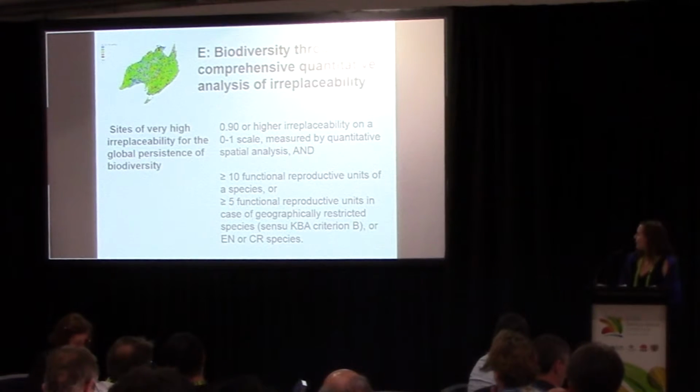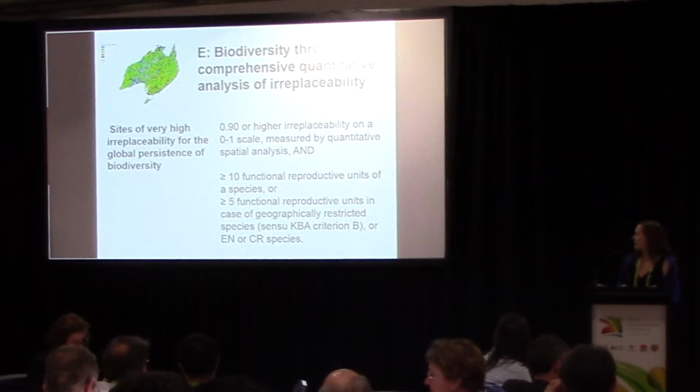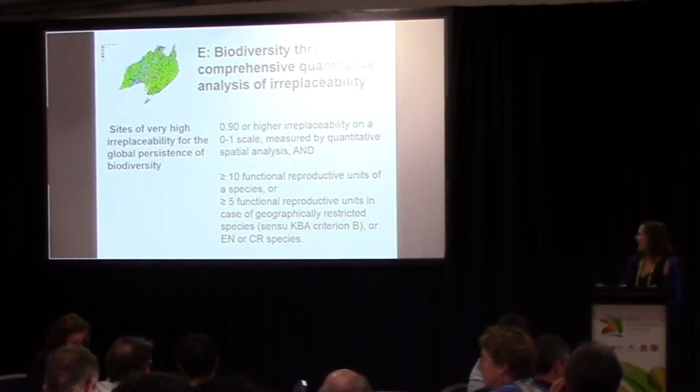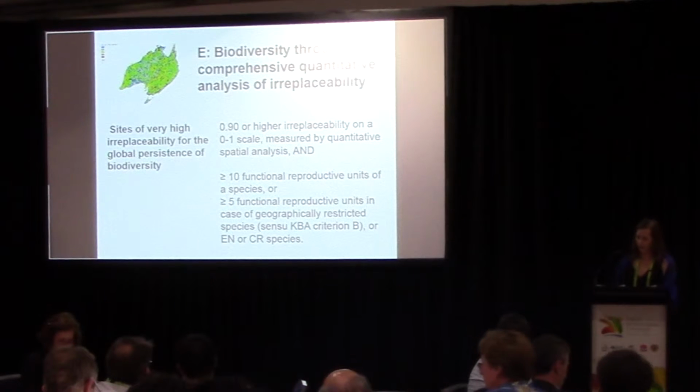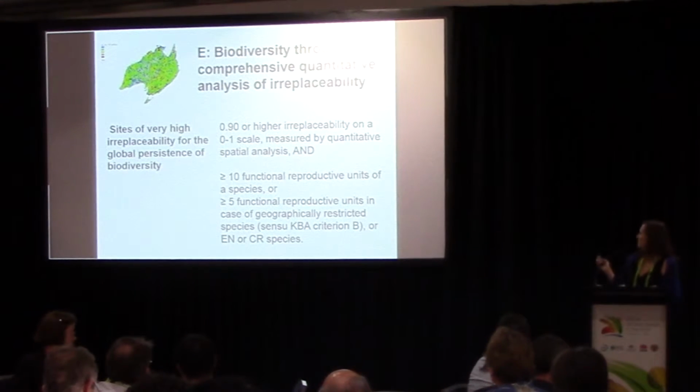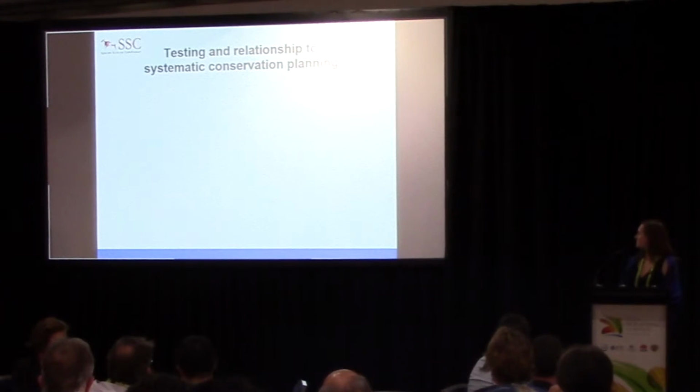So sites that score 0.9 or higher irreplaceability on a 0 to 1 scale, measured by a quantitative spatial analysis, and they have at least 10 functional reproductive units, or 5 functional reproductive units in the case of geographically restricted species. So this must be for threatened species, got confused. At least 10 functional reproductive units of a species, or 5 if it's threatened, would trigger KBA status.